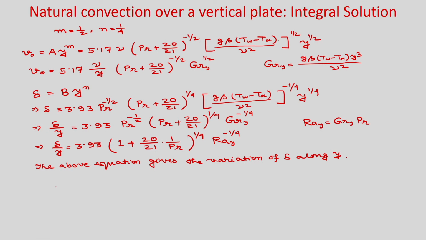Okay. And if you remember, we have assumed delta is equal to delta t, but we have retained the expression in terms of Prandtl number. Okay. So, now we will find the heat transfer parameters. So, we will find the local heat flux, then heat transfer coefficient and the Nusselt number.